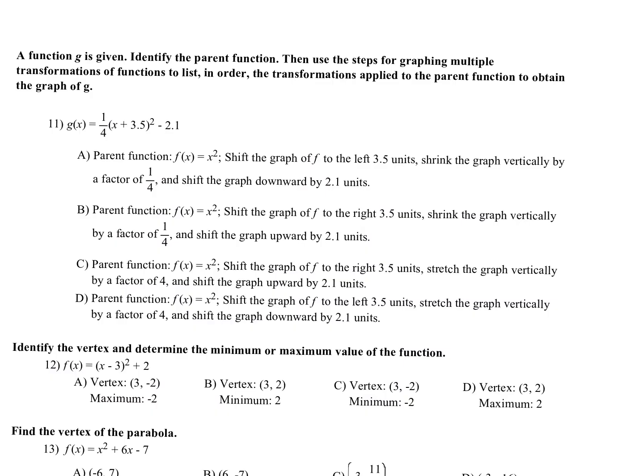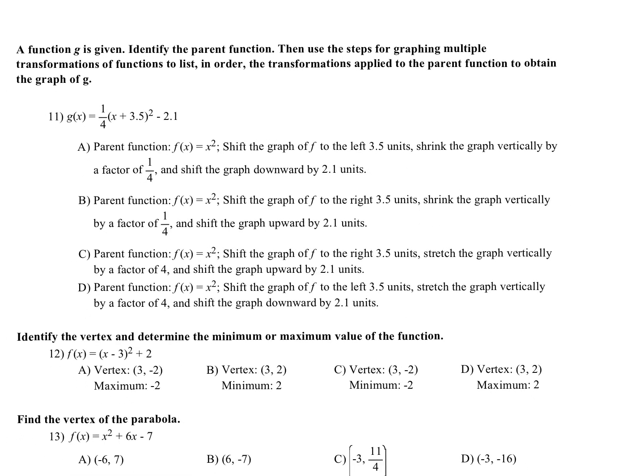All right, let's try number 11. All right, so for this one, we're going to be describing the transformations to this function. And so it's very similar. We're not graphing it. We're just going to describe it. So g of x is equal to 1/4 (x plus 3.5) squared minus 2.1. Okay, so my parent function I can tell is just x squared. And if you remember the 1/4, what that does to the graph is we say that it's a vertical shrink by 1/4.